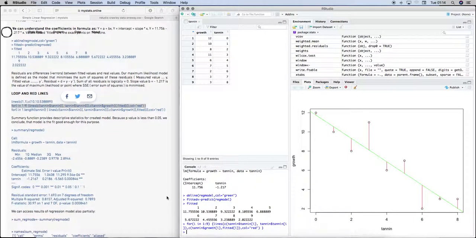Okay, so these are our residuals or residual errors, or differences between the predicted and measured values.